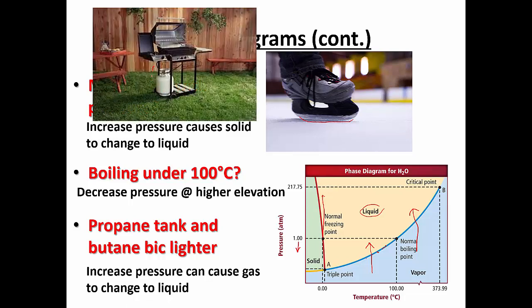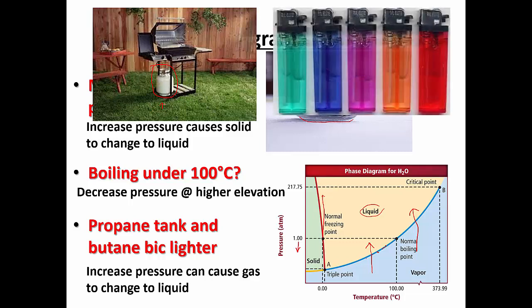Your propane tank at home holds a lot more material as a liquid than a gas, so we can store more material in there. Another example, our Bic lighter: you can actually see how much liquid is in there. With liquid, you can store a lot more material for storage purposes.